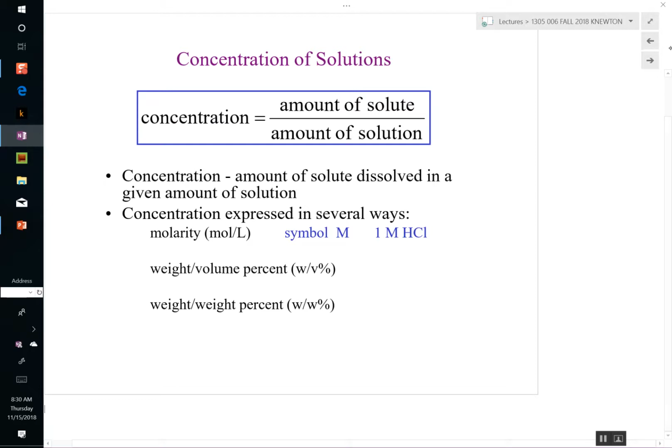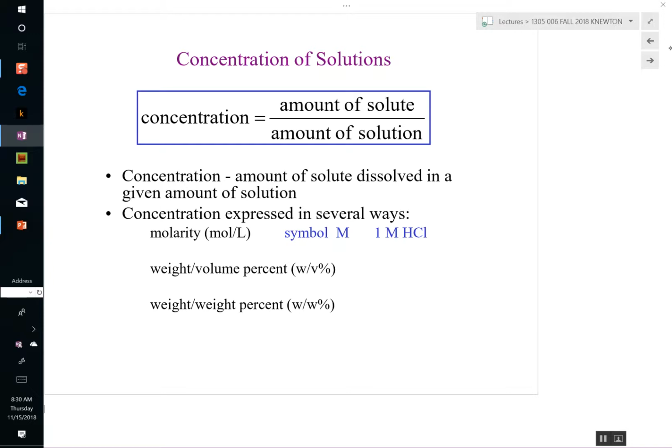Concentration. This is where I want to get to. And the calculations. Molarity is the most common expression unit for concentration in the chemical laboratory. Molarity, moles per liter.